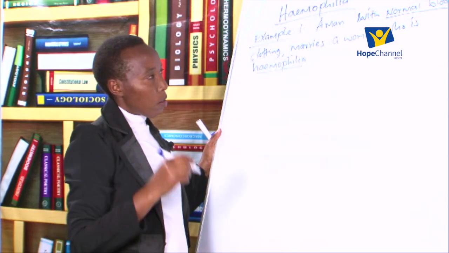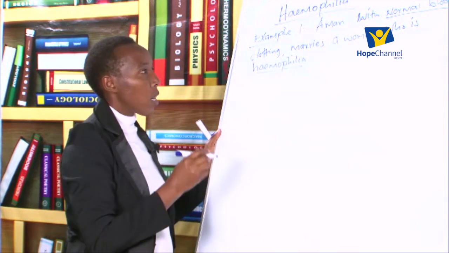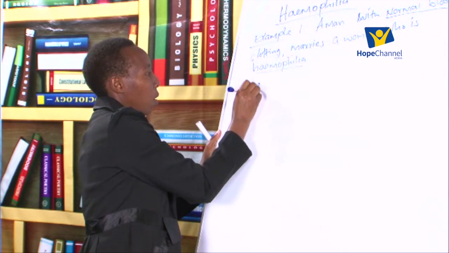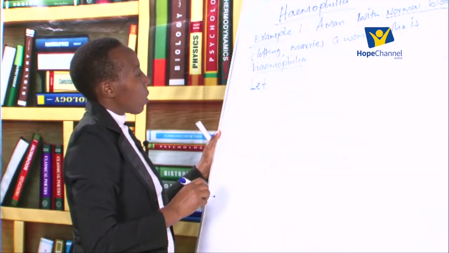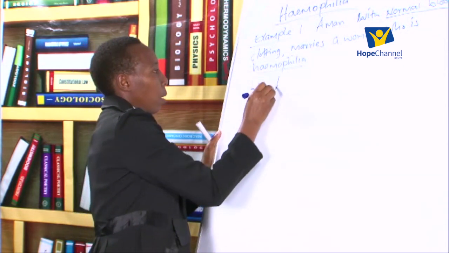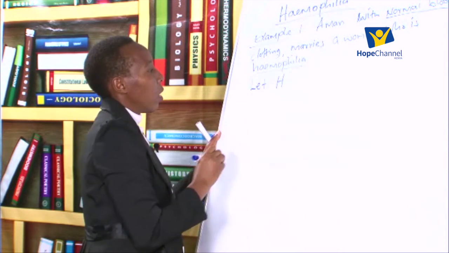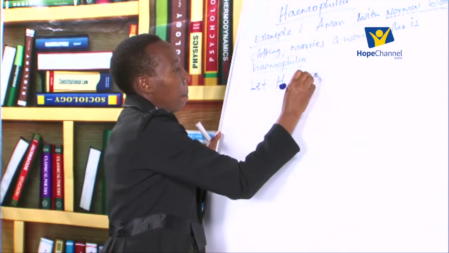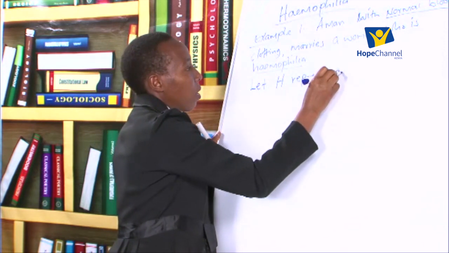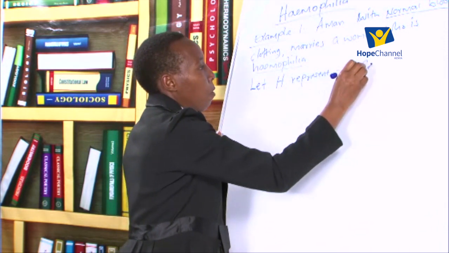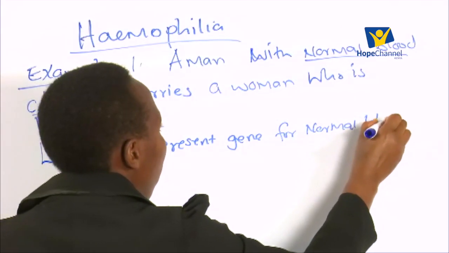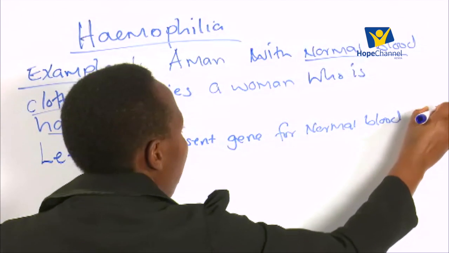In your case, just pick the letter that you want, but for this example, let capital H represent the gene for normal blood clotting.